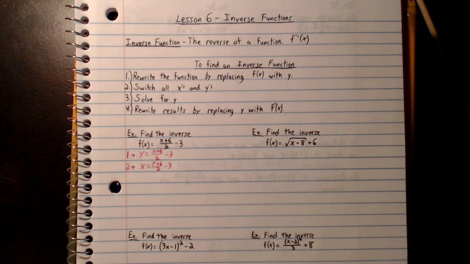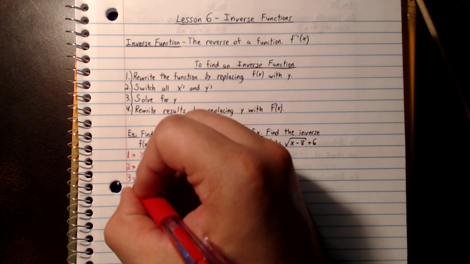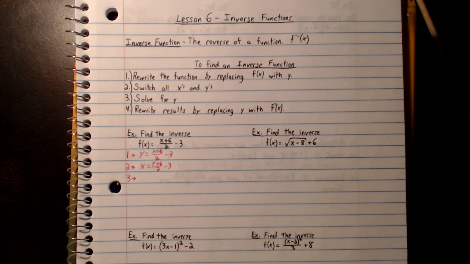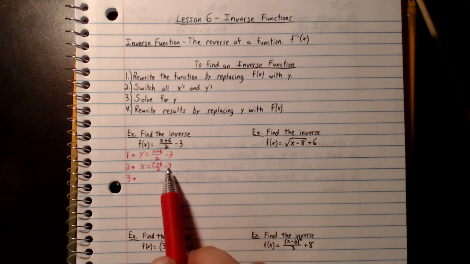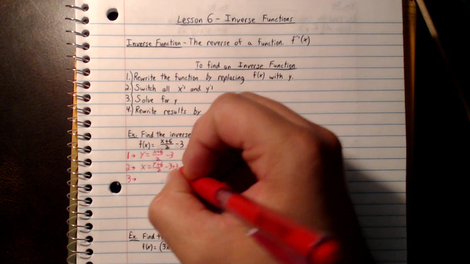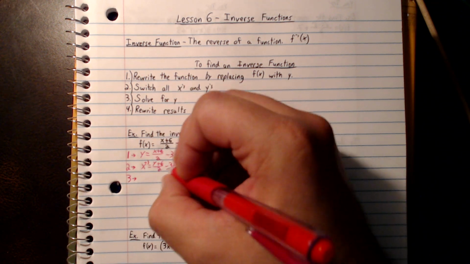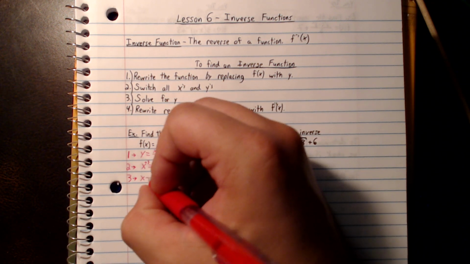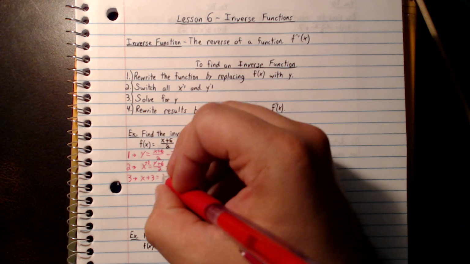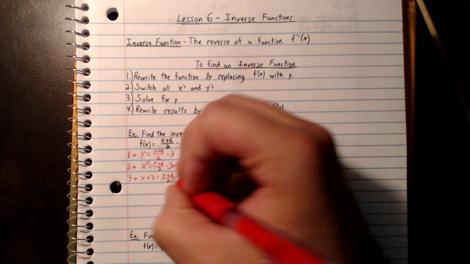Our third step says solve for y. This is going to take a couple of individual steps. To get y by itself, I'm first going to add 3 to both sides. So we have x plus 3 equals (y plus 6) divided by 2.